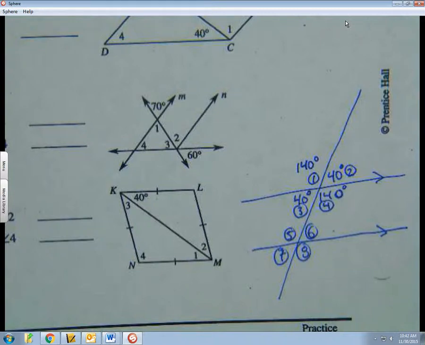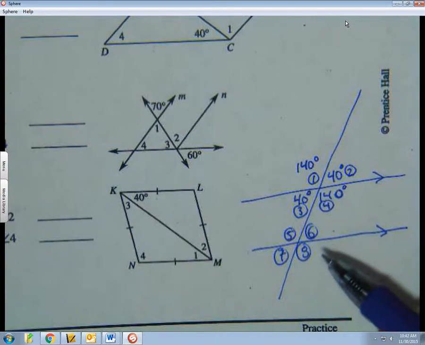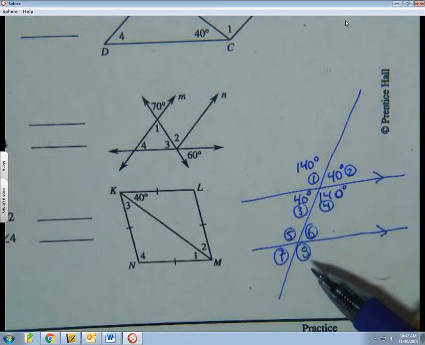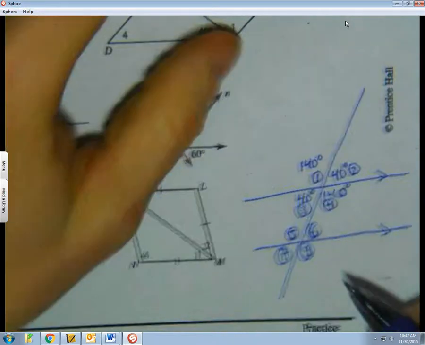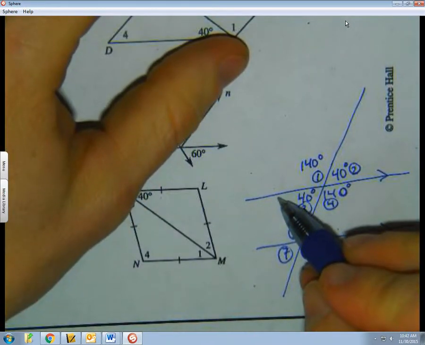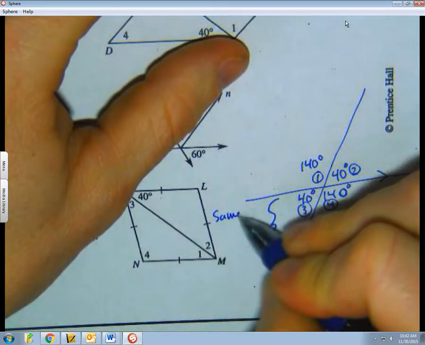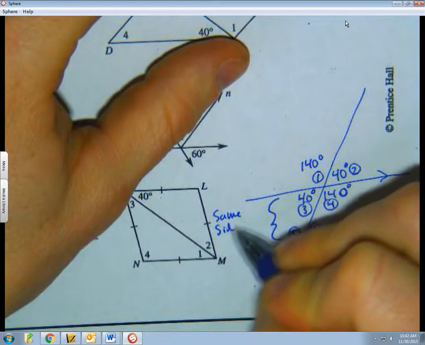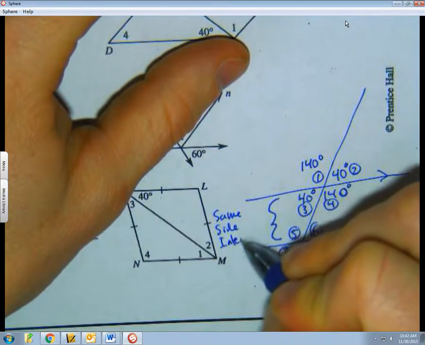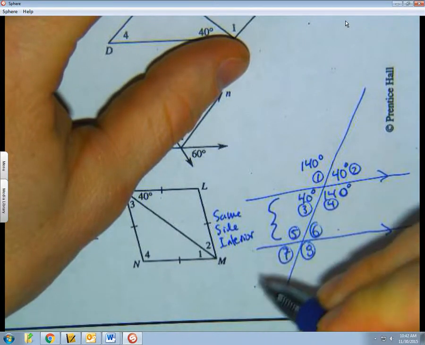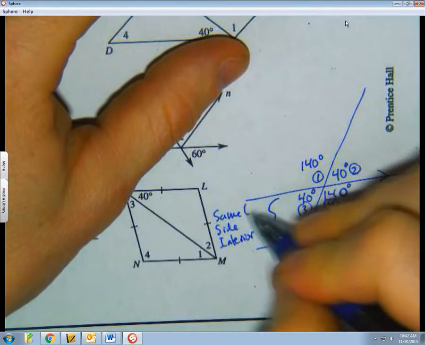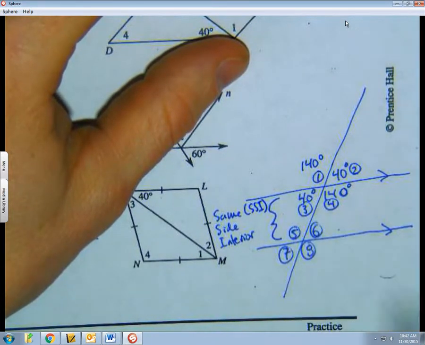Now, the next step in the process, and I'll give you something here: same side interior angles. I call them SSI for short.